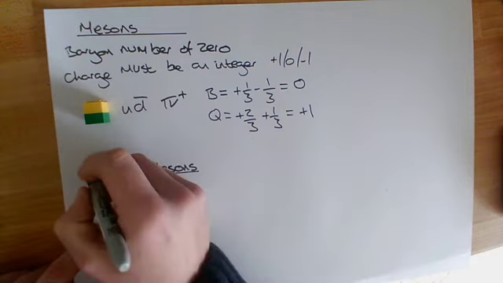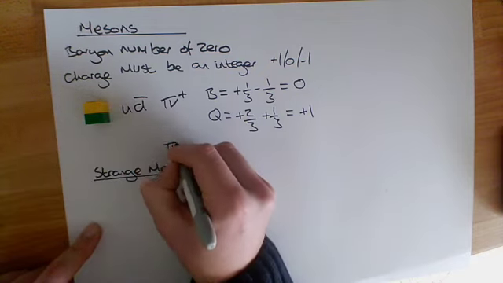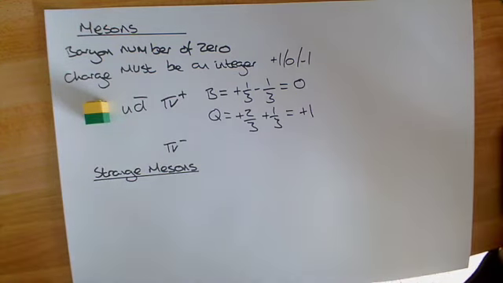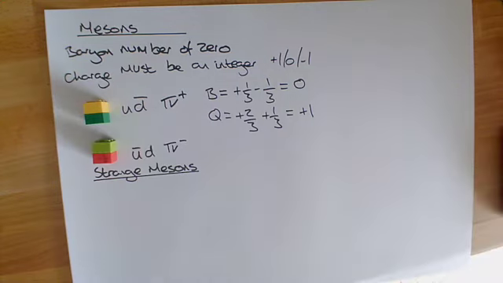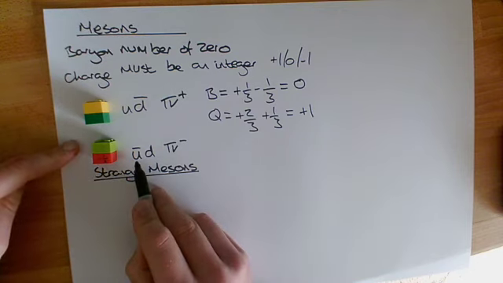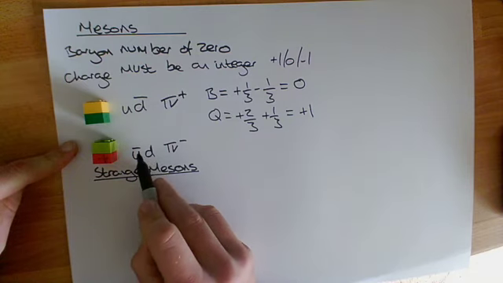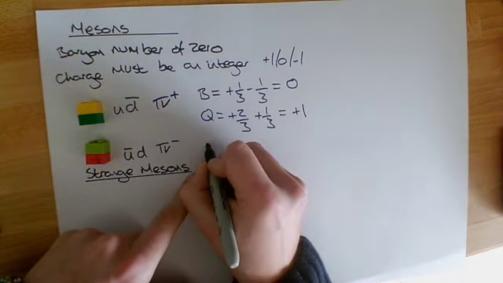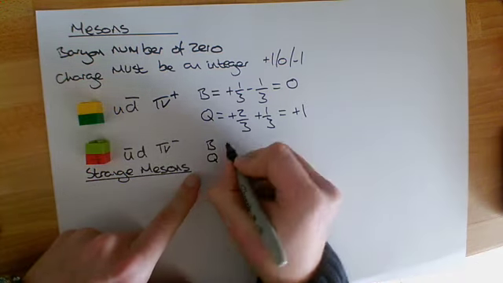We could also make something called a pi minus. I'm going to pause the video again and give you the opportunity to see if you can figure out what the quark combination would be for that pi minus. Okay, there we go. Pi minus is made of a down quark and an anti-up antiquark pair. Again, we can check our numbers, the baryon number and the charge.